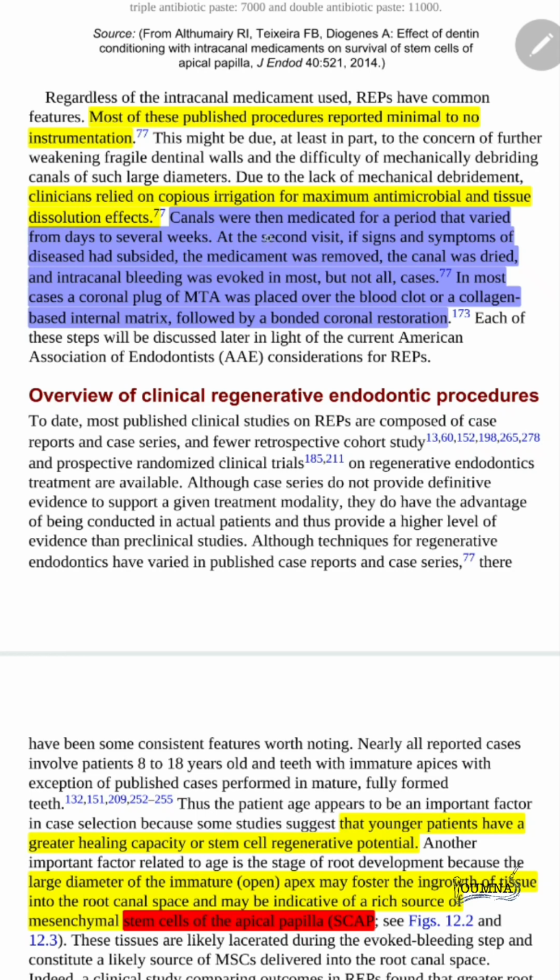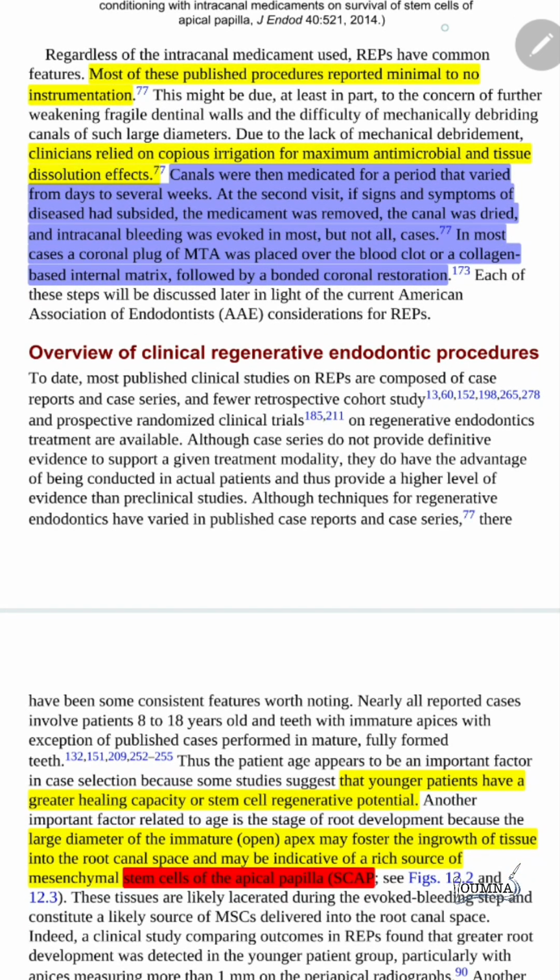The canals were then medicated for a period that varied from days to several weeks, and then at the second visit, if signs and symptoms of disease have subsided, the medication is removed and the canal is dried. Then an intracanal bleeding is evoked.